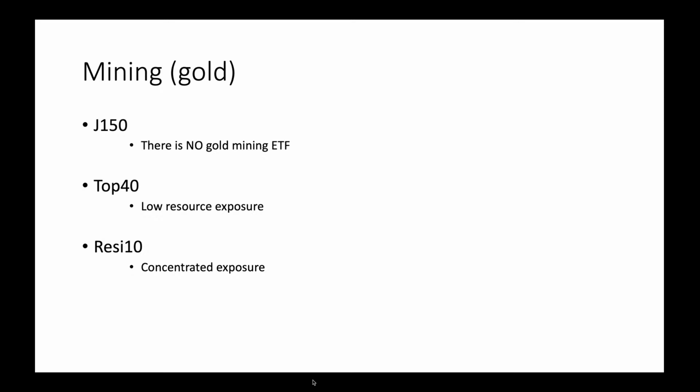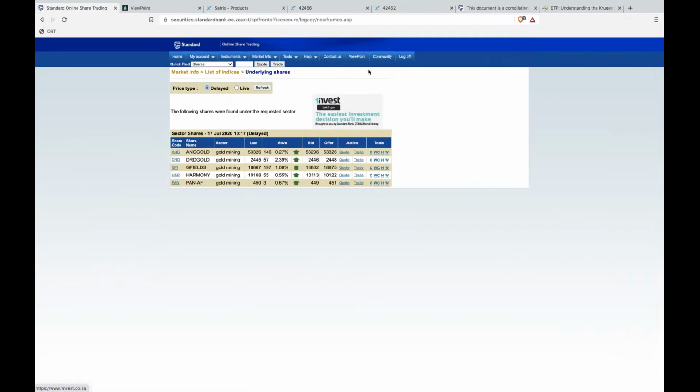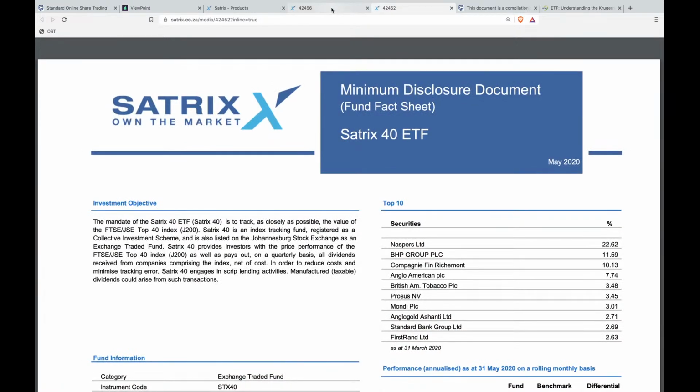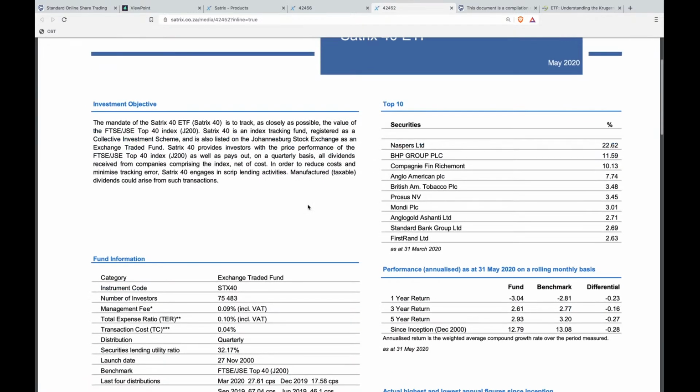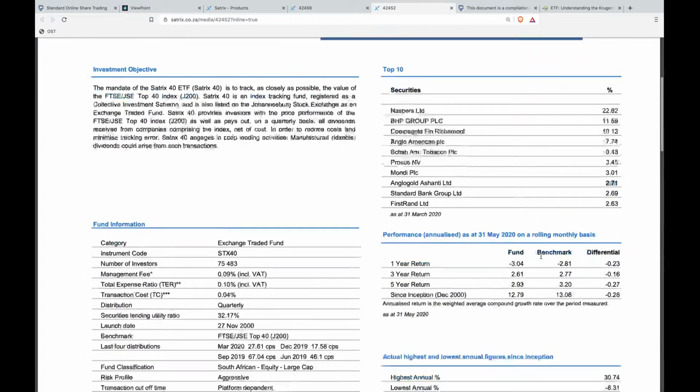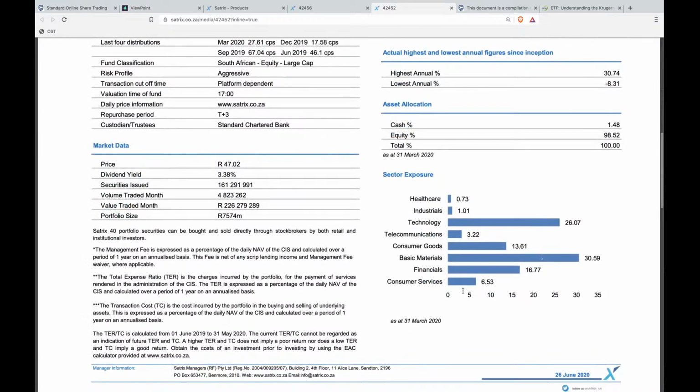We've got the Top 40 and the Resi 10 as ETFs issued over those two. Let's go have a look at them. There's the Top 40. I've pulled the Satrix one. They're all going to be the same. Certainly your second biggest holding is BHP Billiton, then Anglo American, with AngloGold Ashanti coming down at number 7, but at a very, very modest 2.7%. Even if we look for resources, which in this case they've called basic materials, you're about 30%.